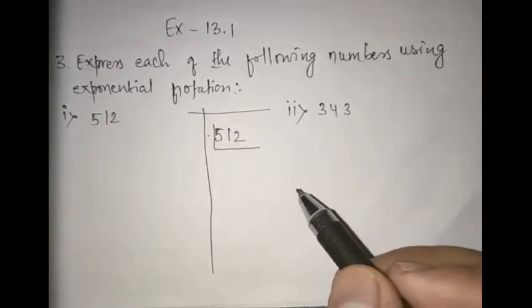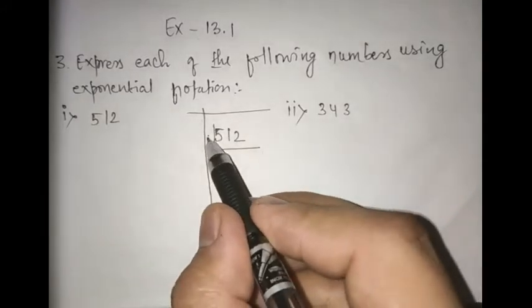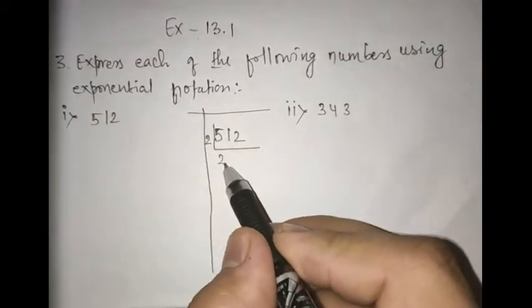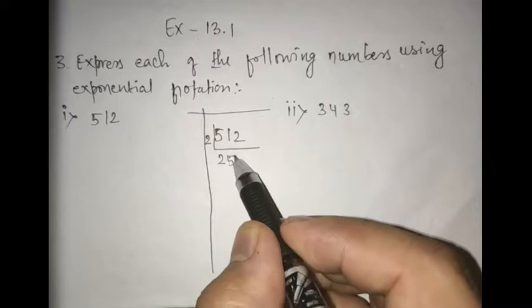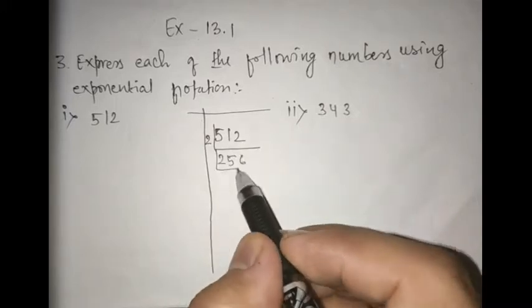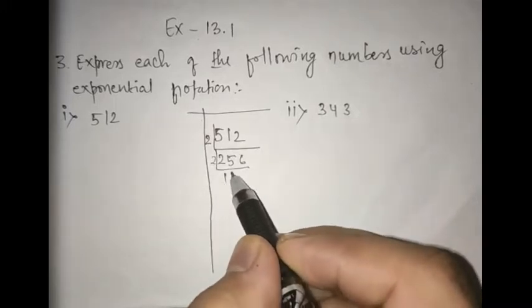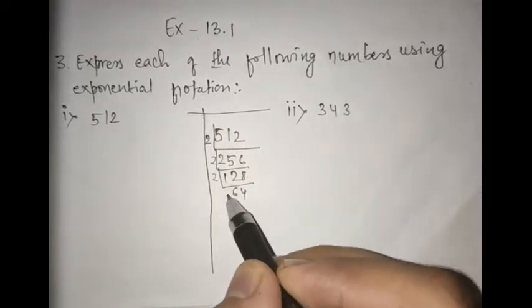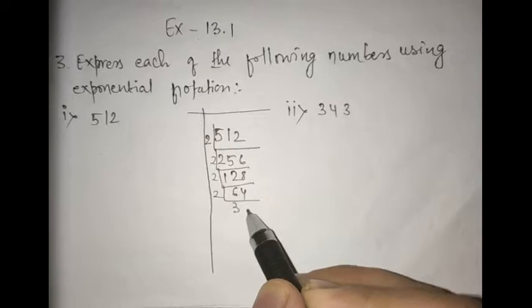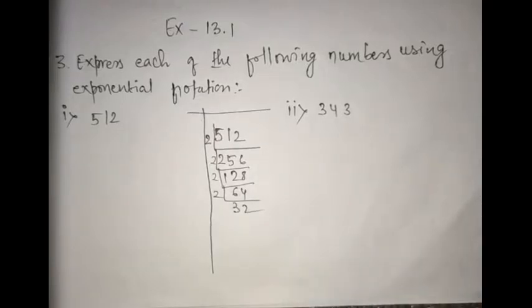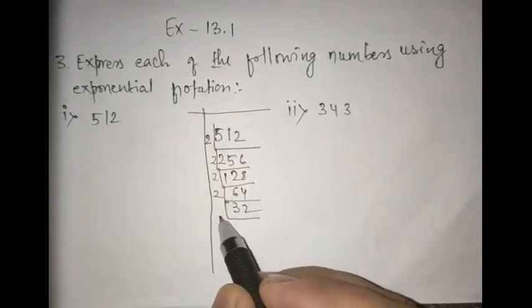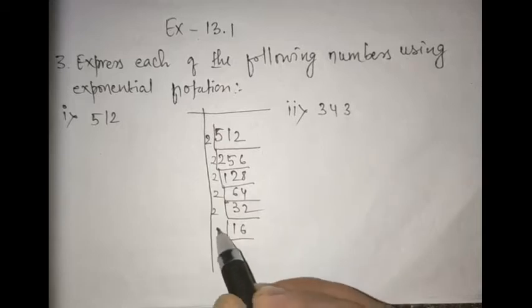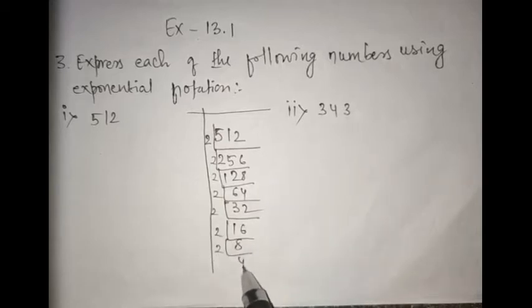Okay, let's start with the smallest number, 2. 2 4s are 8... 2 6s are 12, 2 4s are 8, 2 32s are 64, 2 16s are 32, 2 8s are 16, 2 4s are 8, 2 2s are 4, 2 1s are 2.